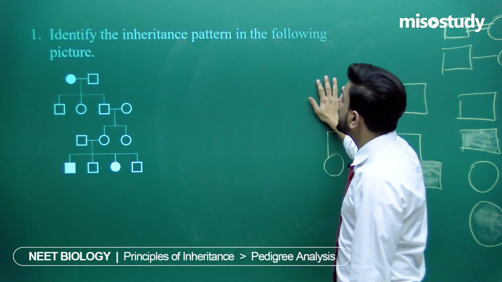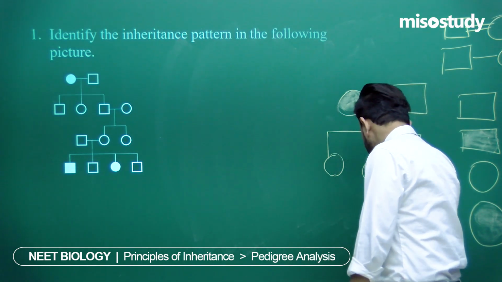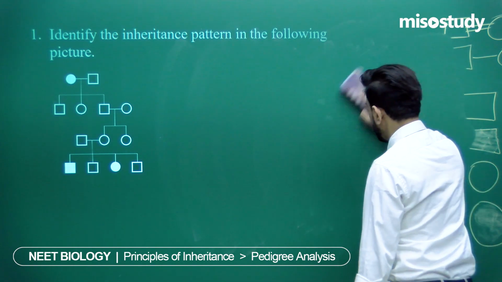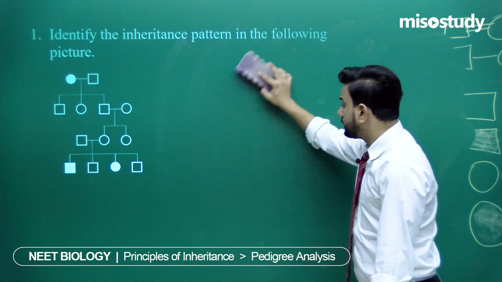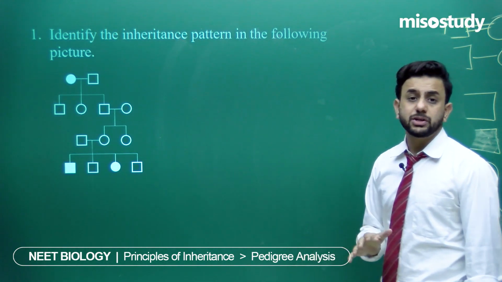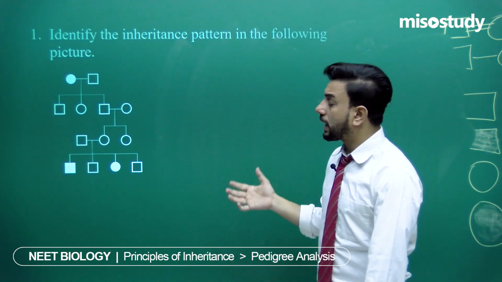Identify the inheritance pattern in the following picture. Now, I'll give you some rules based on which you will get to know the different conditions. Just looking at it, you can tell.